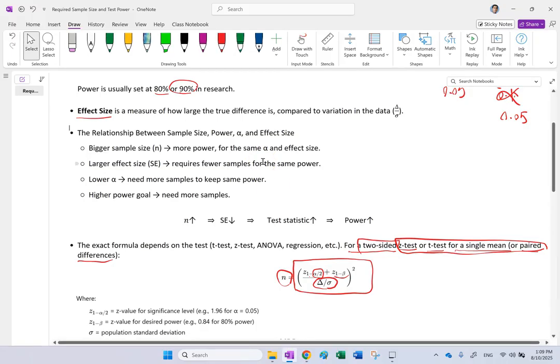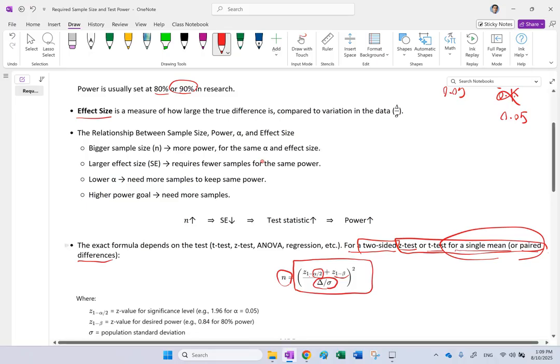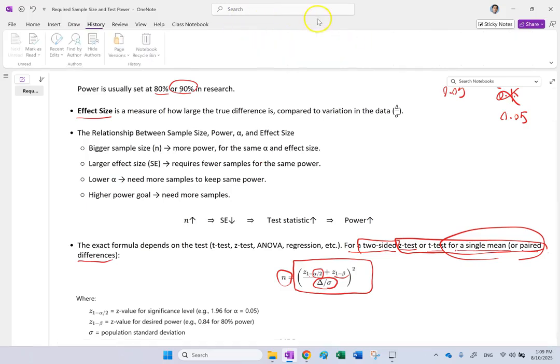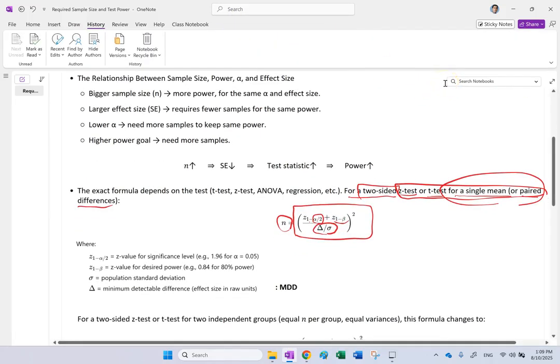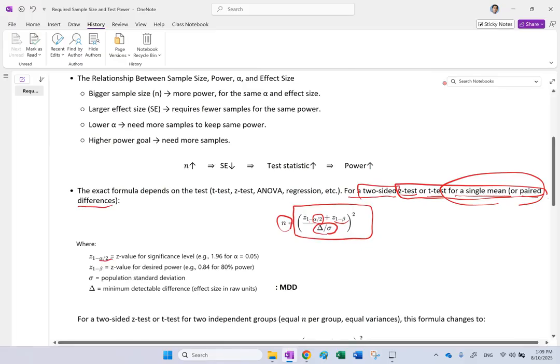So this formula is for any single mean test, whether t or z, as long as it's two-sided. Clearly, to calculate this number, you need to decide your alpha and beta. I need to know what my significance level is and what my power of the test is.